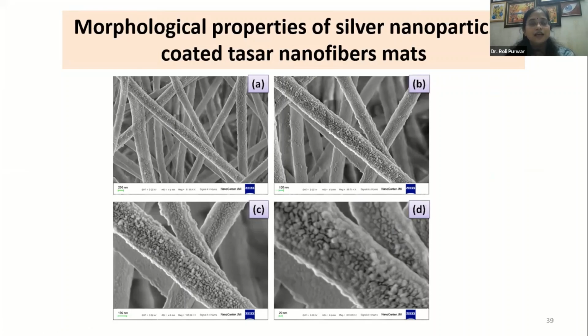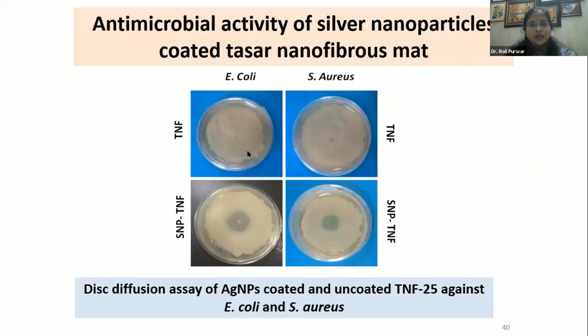With this kind of material, we can use it as a tissue engineering material as well as an antimicrobial nanofibrous material. You can see that this non-woven structure has very good antimicrobial activity. We got a very good zone of inhibition with respect to both bacteria, E. coli and Ascaris.